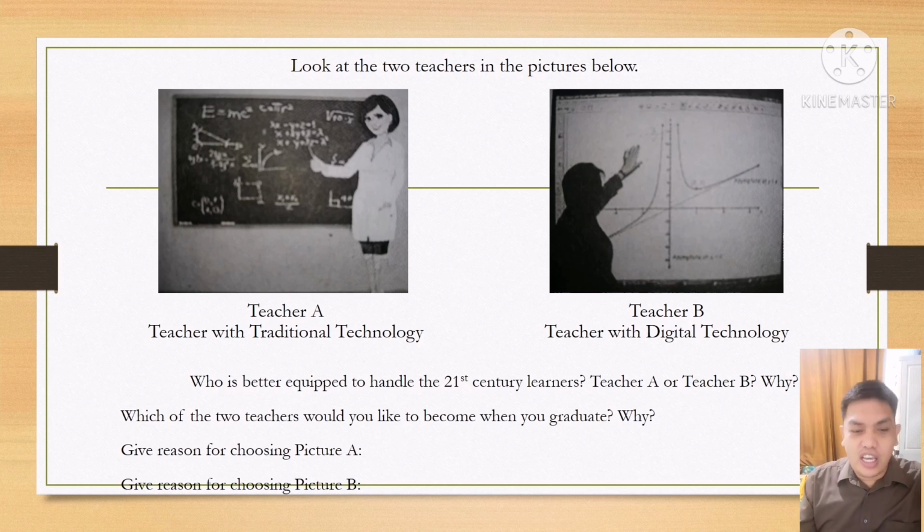So, si Teacher A, using traditional technology, sulat sa board, paliwanag. Most likely, nangyayari yan talaga. Pero somehow, in this world, the teacher with digital technology, medyo mas madaling i-handle ng konti.